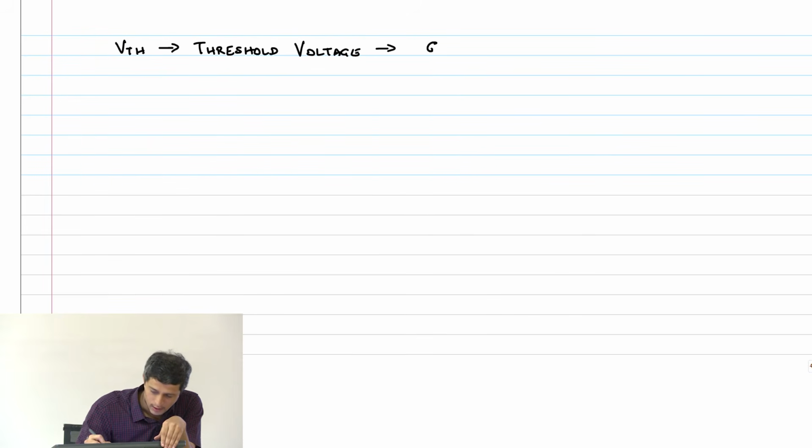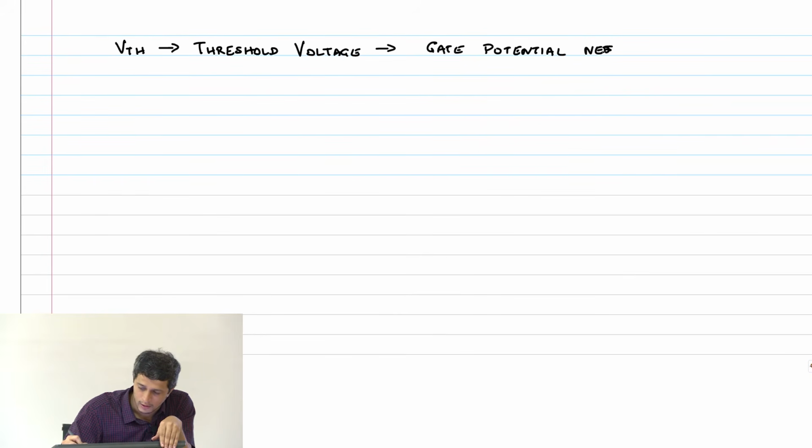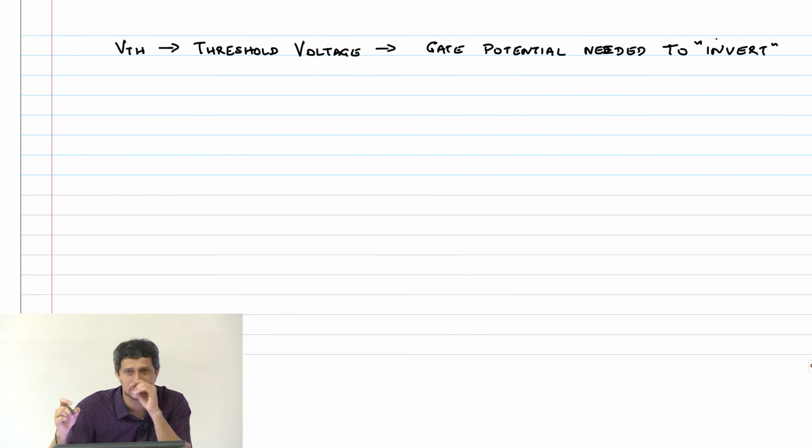It's the gate potential needed to "invert". Invert has a very specific meaning, what we discussed earlier. Invert the surface.